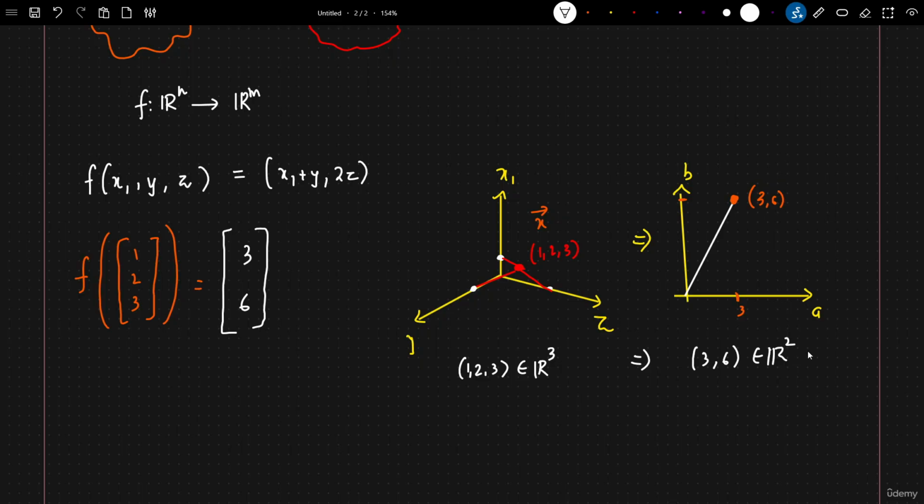And here we are just applying a function wherein we are converting or mapping one set to the other set, right? Since we are applying it to vectors, this process is also called vector transformation.